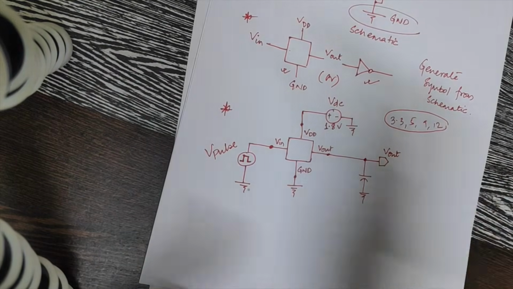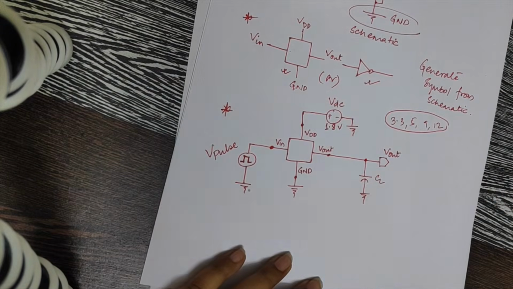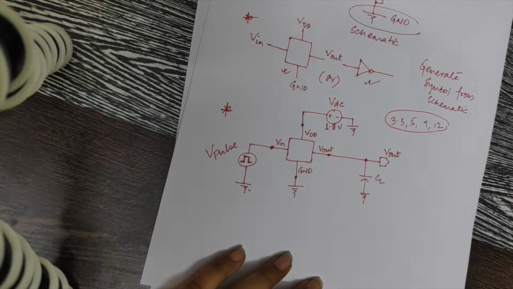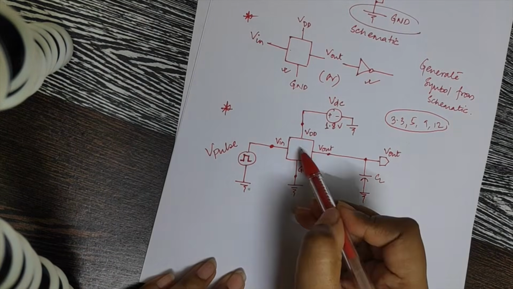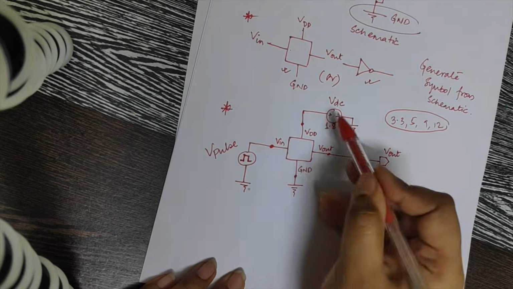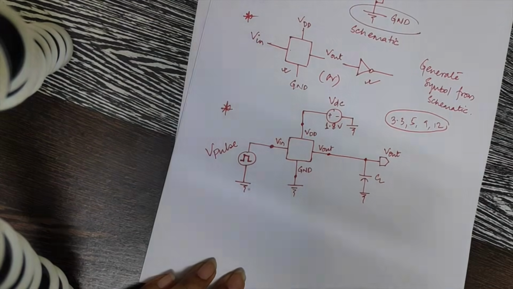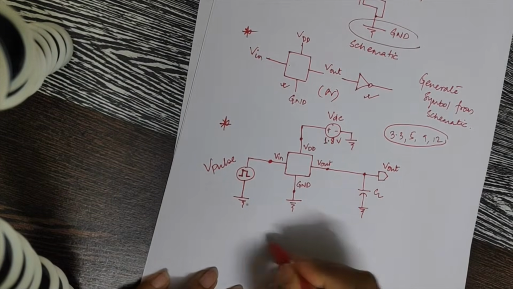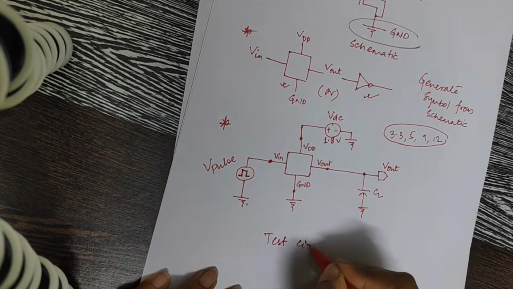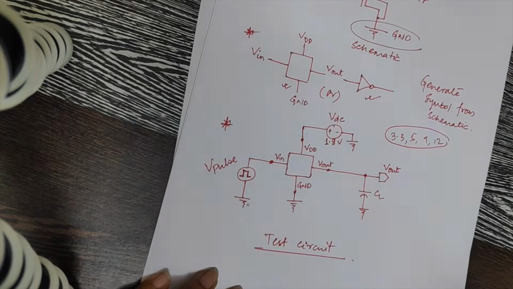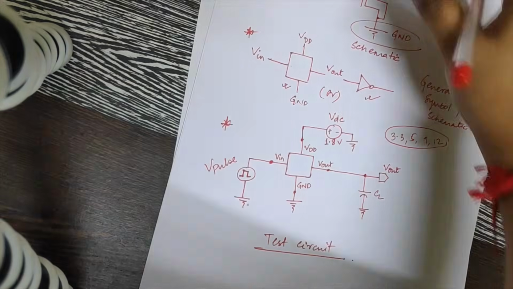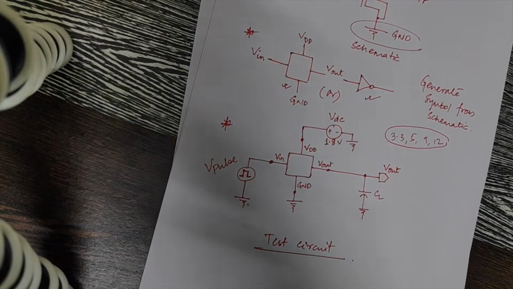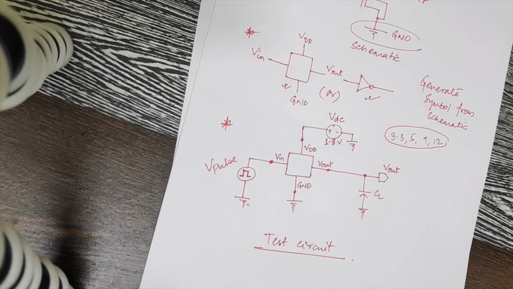So this acts as my load. Understood? So this whole circuit wherein your symbol has been given proper voltage sources and a capacitor at the output is called the test circuit. So this is what you're going to do in VLSI lab.